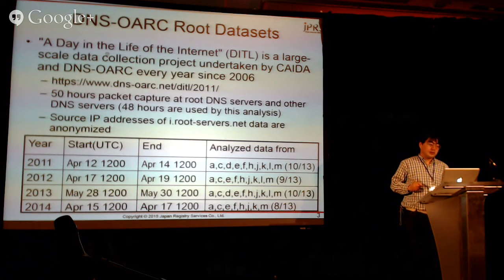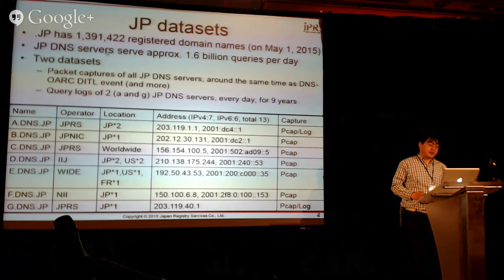I analyzed DNS-OARC root datasets and JP datasets. JP DNS servers receive approximately 1.6 billion queries per day, and we have two datasets: packet captures of all JP DNS servers around the same time as the DITL event, and query logs of two JP DNS servers every day for 9 or 10 years.